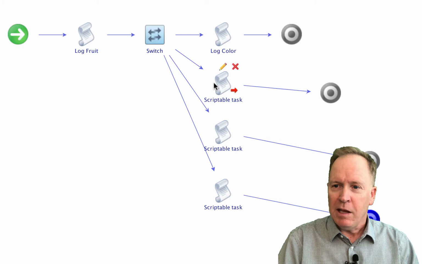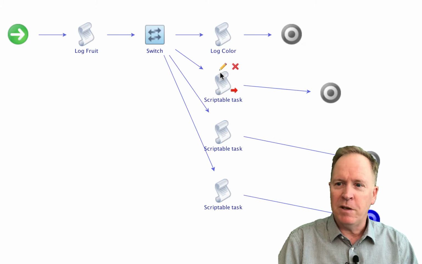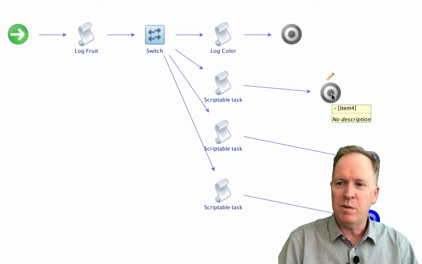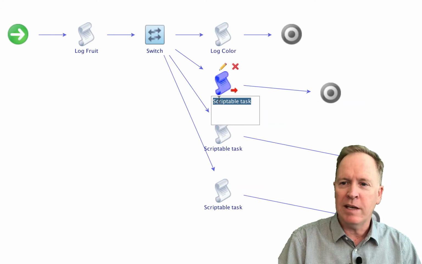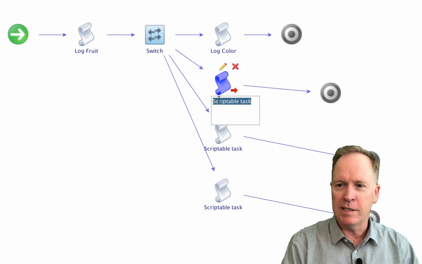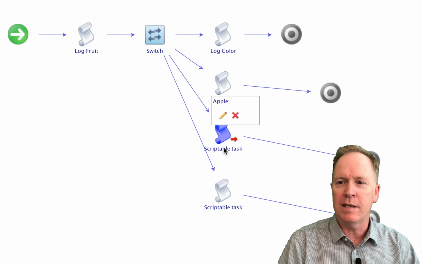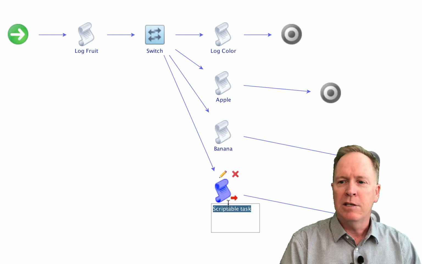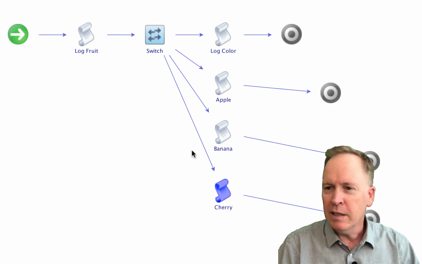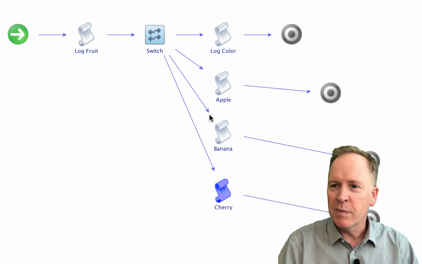But as I said, because it's a little confusing, because these items just have item numbers and no labels, what I like to do is insert a scriptable task or something like that and go ahead and give them some labels. So for instance, this is the apple case, and this is the banana case, and this is the cherry case. I guess we should add a fourth one for date, but this is good enough for our purposes.